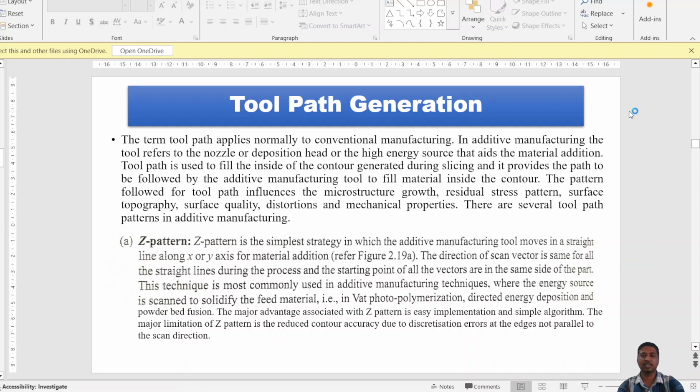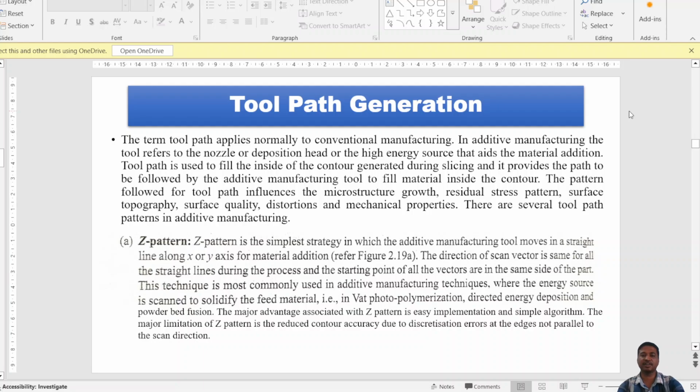Later, we will see the picture of the jet pattern. The direction of the scan vector is the same for all the straight lines during the process, and the starting points of all the vectors are on the same side of the part. This technique is most commonly used in additive manufacturing techniques where the energy source is scanned to solidify the feed material, that is, in VAT photopolymerization, directed energy deposition, and powder bed fusion.